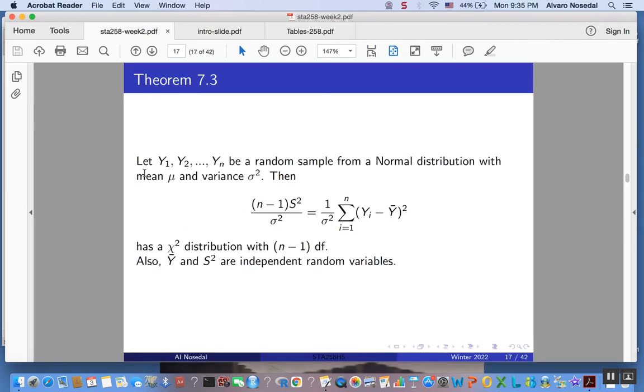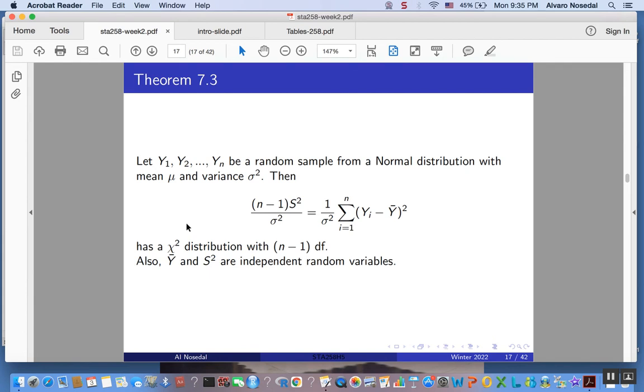We showed that theorem: if you have a sample of n random variables coming from a normal with some mean mu and some variance sigma squared, and you are interested in the following transformation, n minus 1 times the sample variance divided by sigma squared, then the distribution of that quantity will be a chi-square with n minus 1 degrees of freedom.